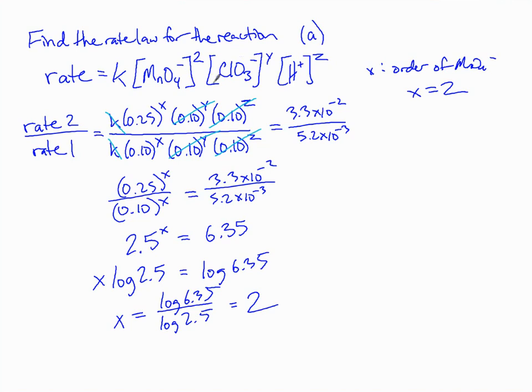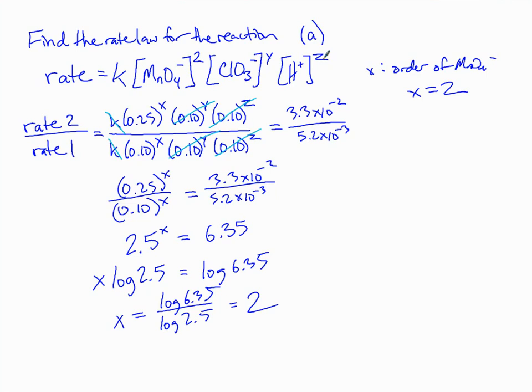Then we have ClO3 minus to the Y and the hydrogen concentration to the Z. We are trying to write the rate law with X, Y, and Z filled in.